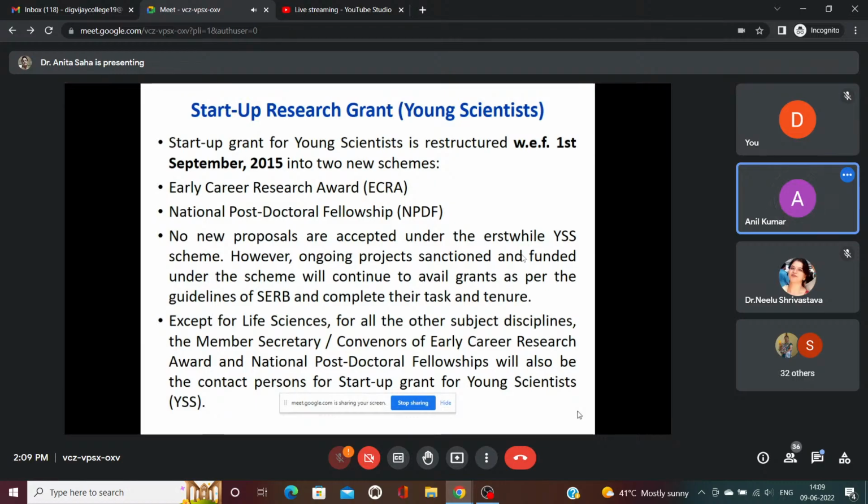And through this grant, you can develop your own research laboratory. It is very essential to develop your own research laboratory. But please take care: before completion of 2 years, you should apply under this scheme. Another important point, definitely we should develop research and create research publications, and with experience you can publish more research papers, there is no problem.